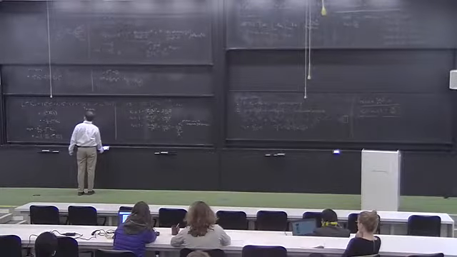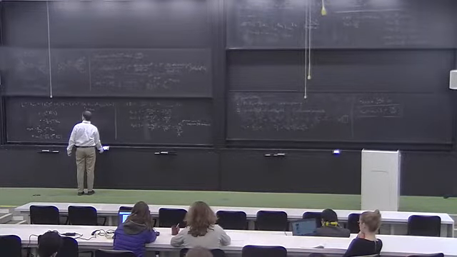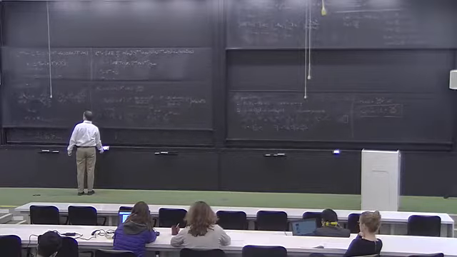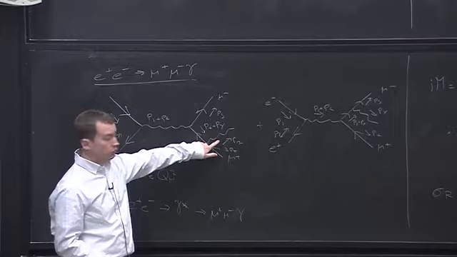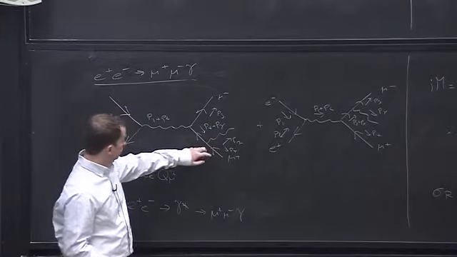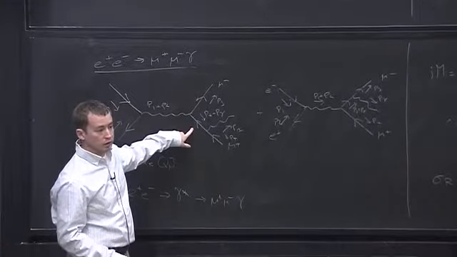The physical origin is one of these two reasons. Either we have a very soft particle or a collinear particle. If we look at our real emission diagrams, if we set, say, the photon energy to 0, this propagator goes on shell.